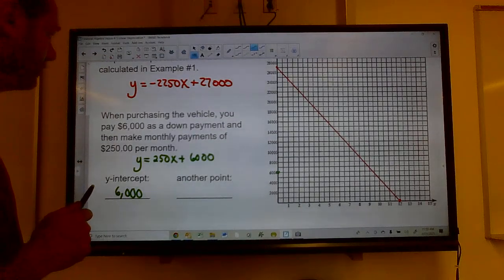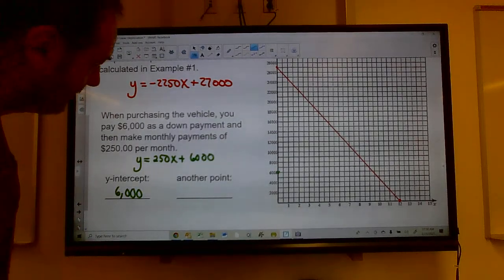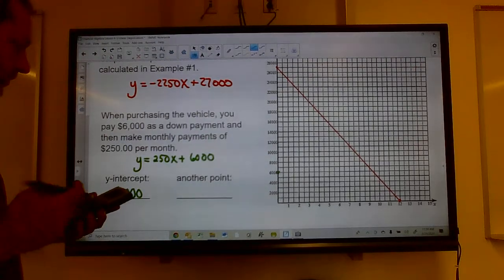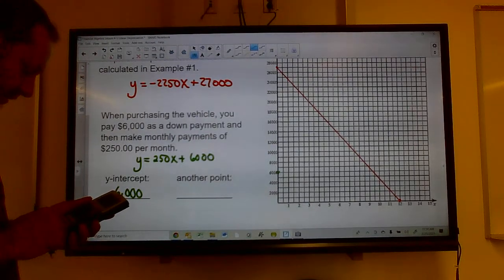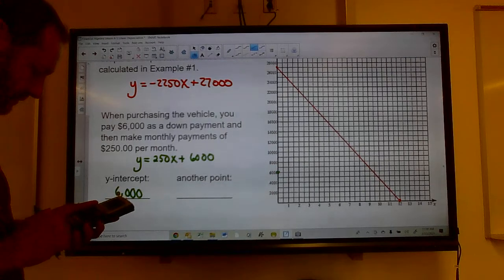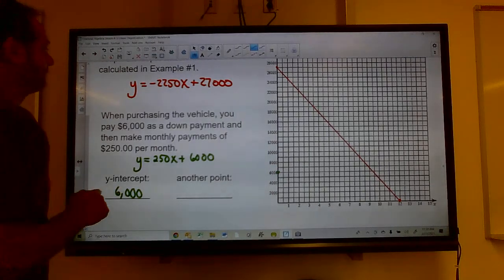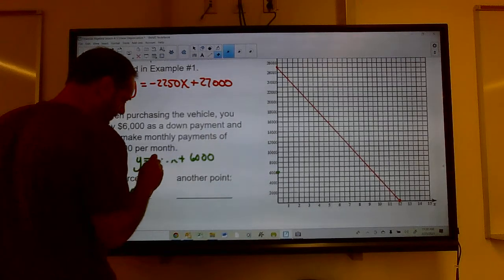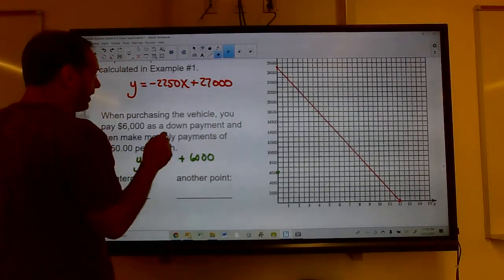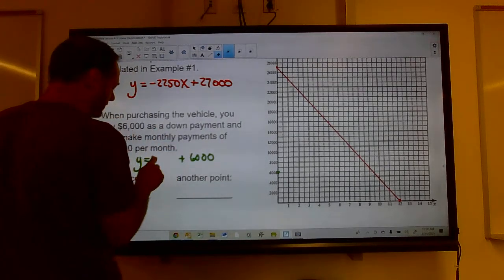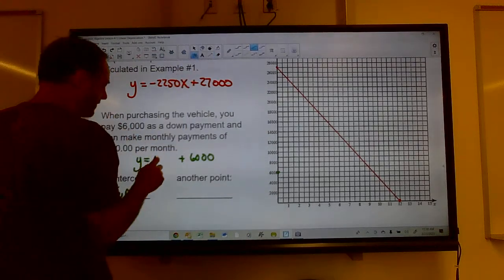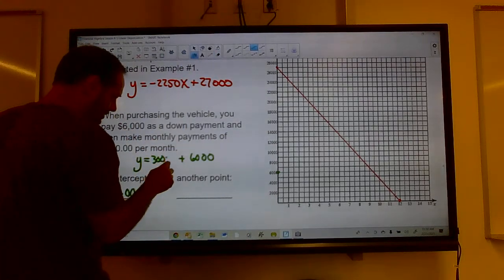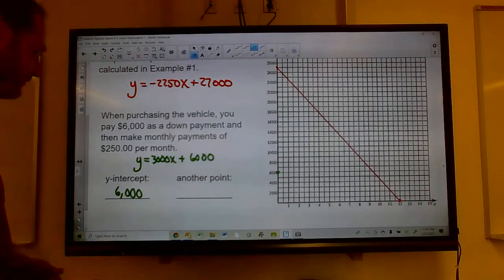So if you pay $250 a month, your slope in years, let's see, 250 times 12, that's going to be 3,000. Now we're all in the same years here. The x's are the same. So this is going to be 3,000x.